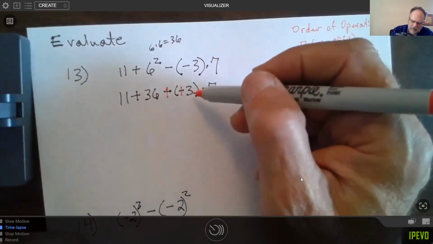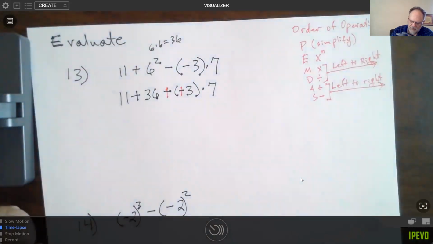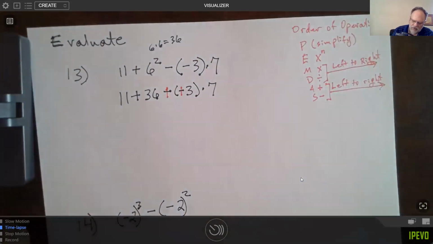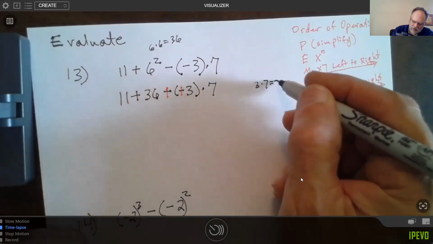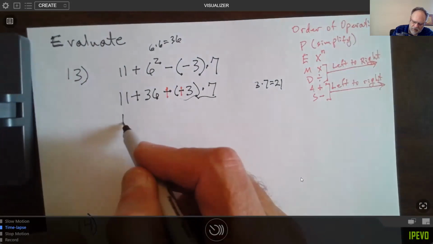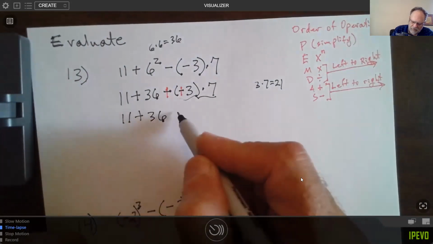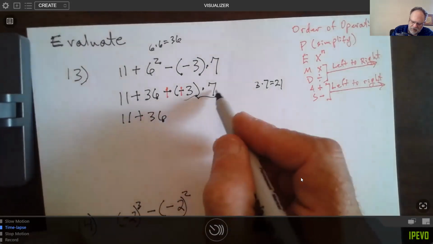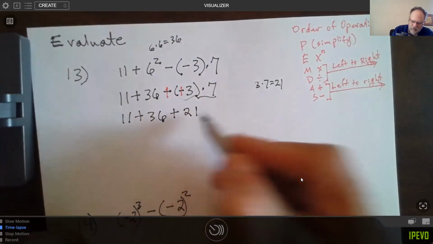Well, we don't add 36 and 3, but we can multiply 3 times 7, and that's 21. So we can multiply those two and bring everything else down. 11 plus 36, since this is plus 3 times positive 7, that'll be a plus 21.